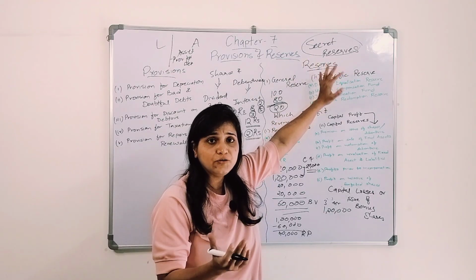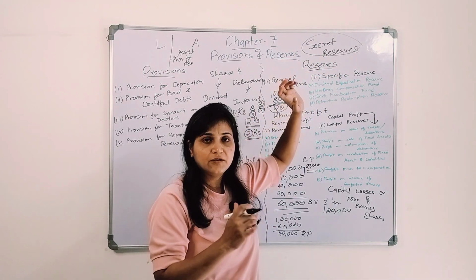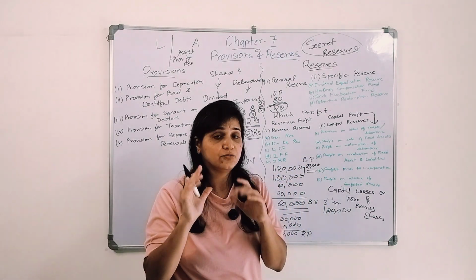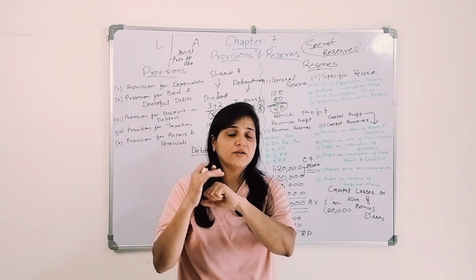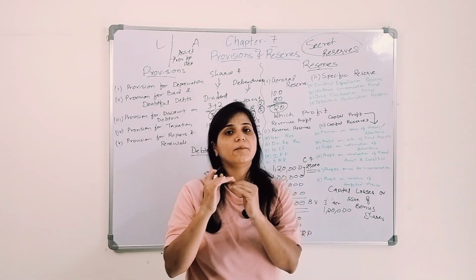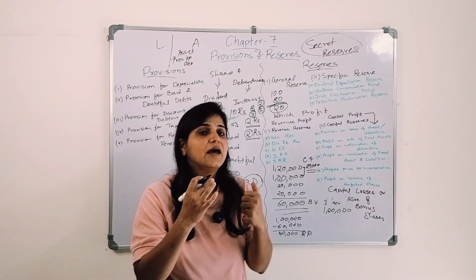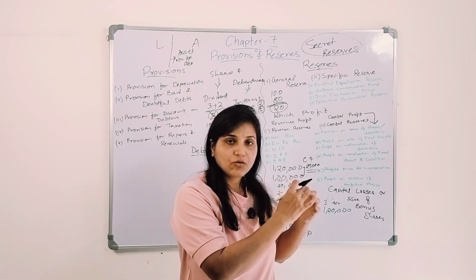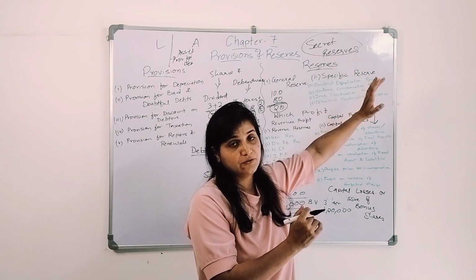How do we manipulate? Let's say our stock or inventories. Whenever we show the stock in our books, we can show our stock or inventories at book value or market price, whichever is lower. So you can manipulate it, because you can show it at a lower value. You can say my cost is less, so I will show it at a lower value.